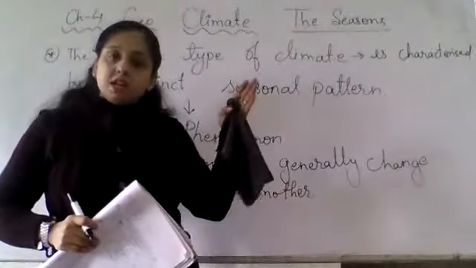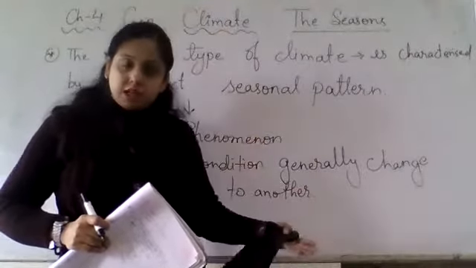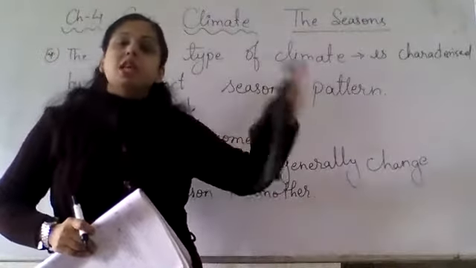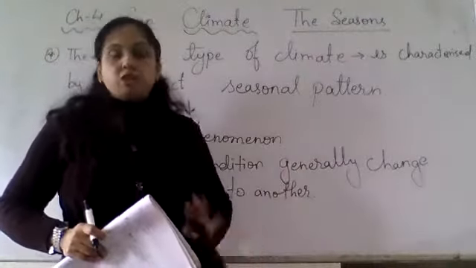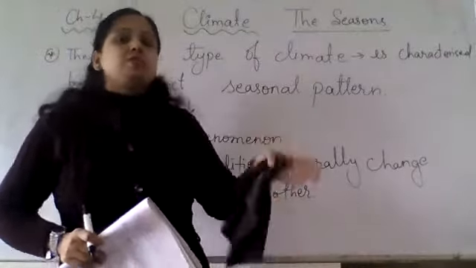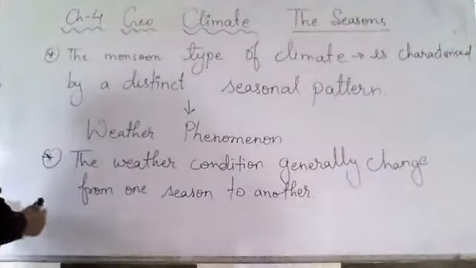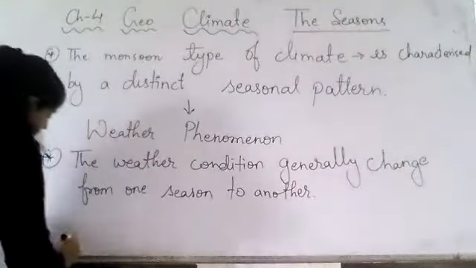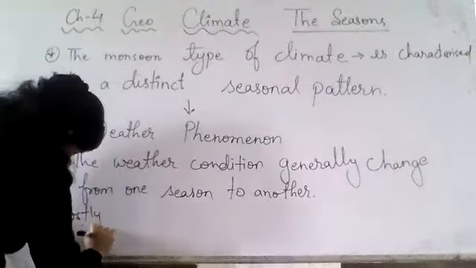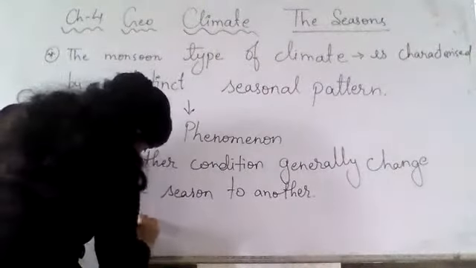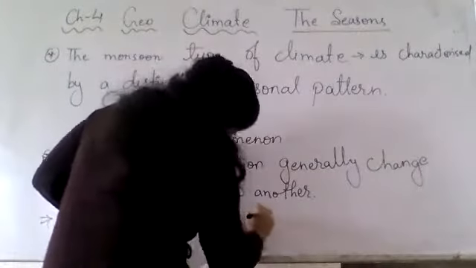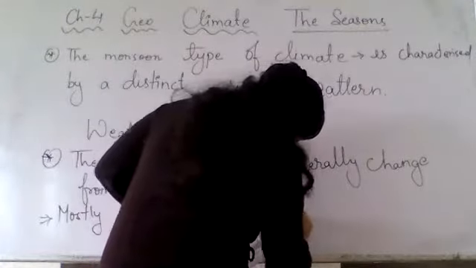That means in one season if we have hot weather phenomena, then in the next we will have cold. So like that the weather phenomena also changes with the season. And that is mostly observed in the interior part.